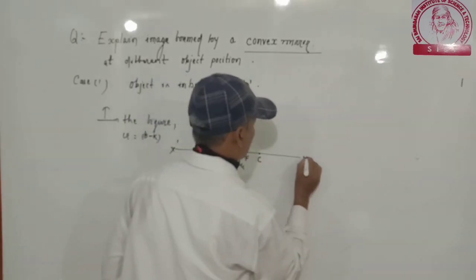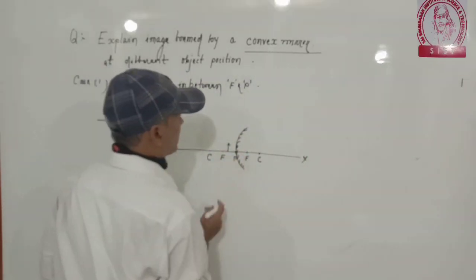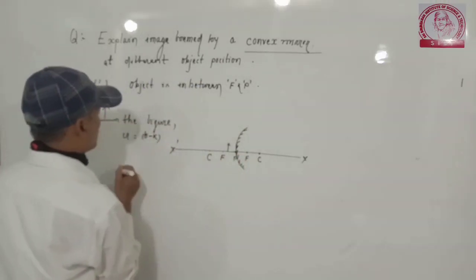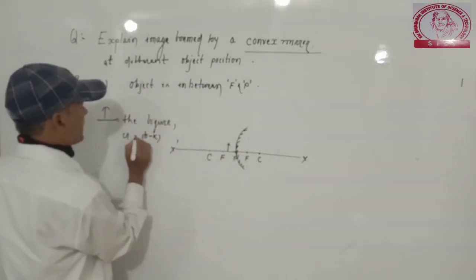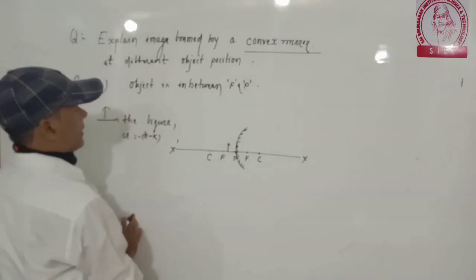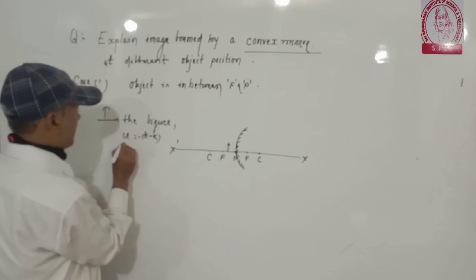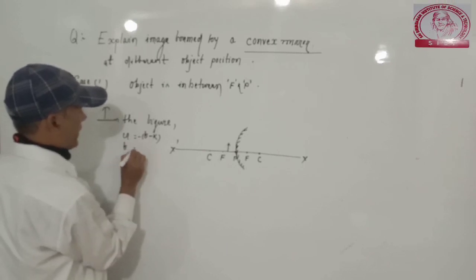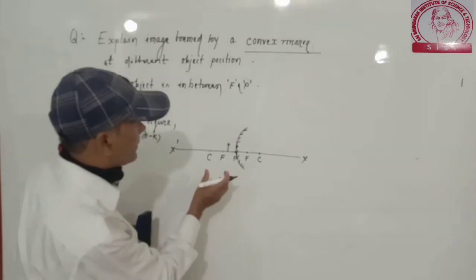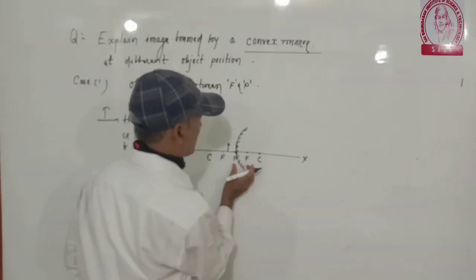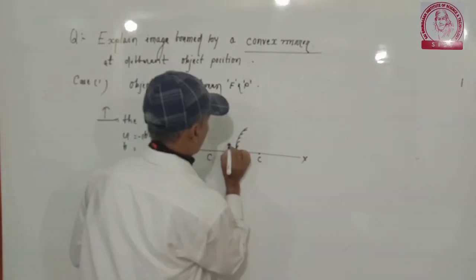This is the positive x-axis, and pole is considered to be the origin. So u is taken on the negative side, so it is minus (f minus k). And here is the small f. Let us see what is happening.